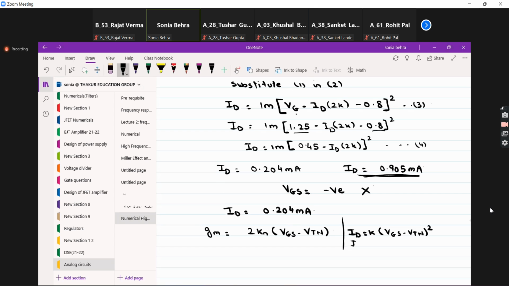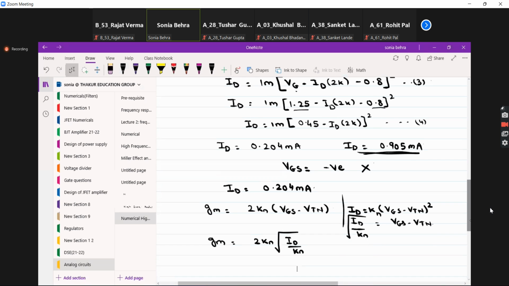From this I get root of ID by KN is equal to VGS minus VTN. So GM will be equal to twice KN root of ID by KN. I'm just substituting VGS minus VTN.